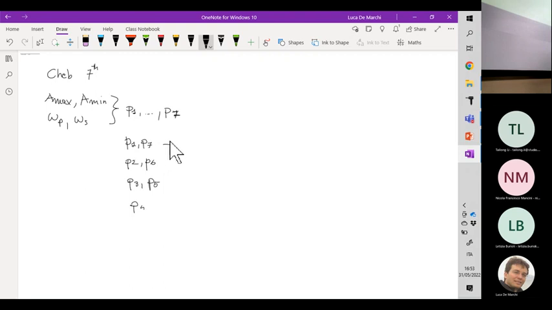So you find then the transfer function which correspond to each of this pole. These are second order transfer functions, okay? So for second order transfer function, you can define omega null and Q, okay, from the expression of the transfer function.